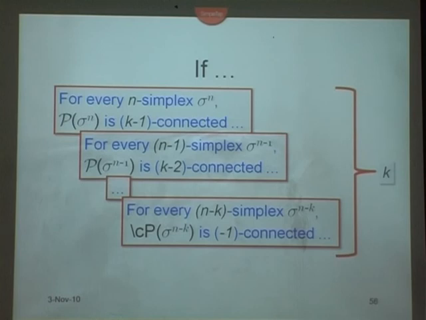You can see this is a direct generalization of our consensus requirement, where we said that if there's one failure, if k equals 1, then we want to be non-empty, and we're 0-connected in the absence of failures. So when you set k equals 1, this is exactly the condition that we had before. So now we're going to prove this.